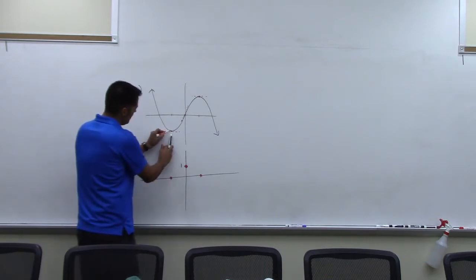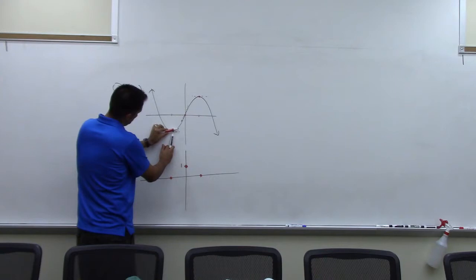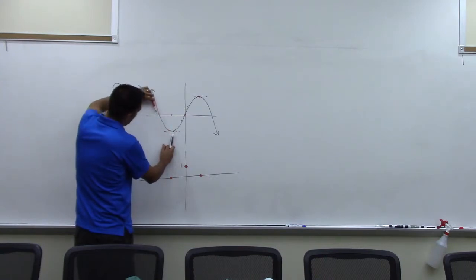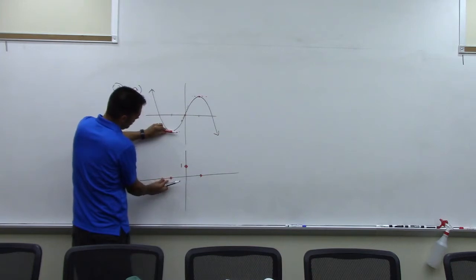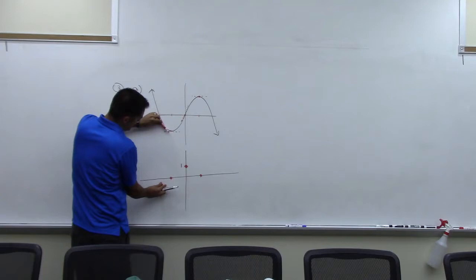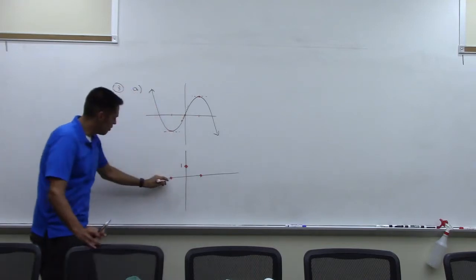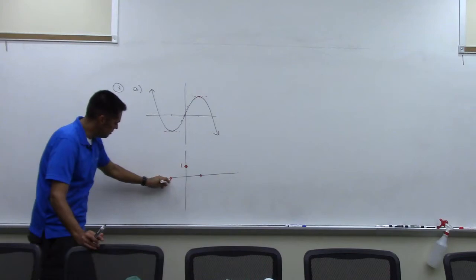All my tangent lines are going to be negative as I move this way. It looks like I start with a little negative slope, so a little negative number here. Then it gets a little steeper, so a little more negative, and it keeps getting steeper and steeper, which means more and more negative. So I'm going to do something like this.